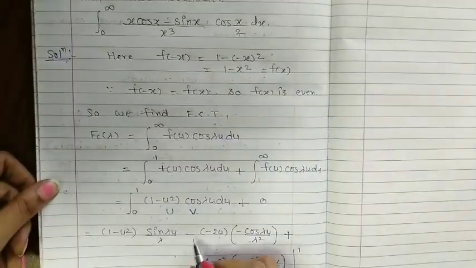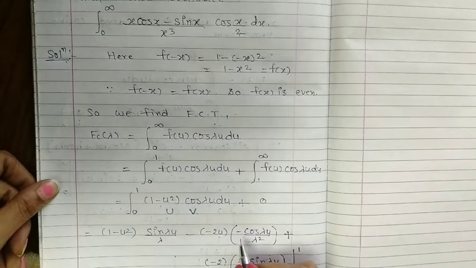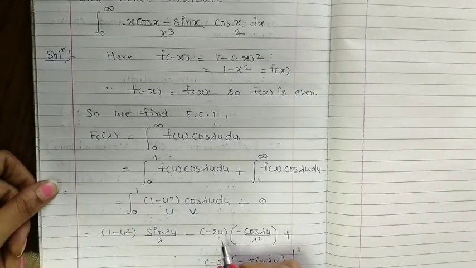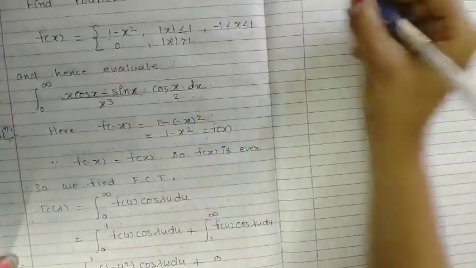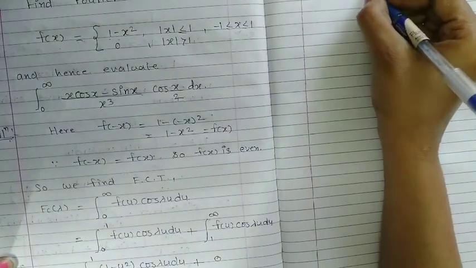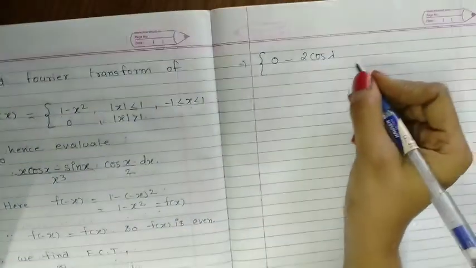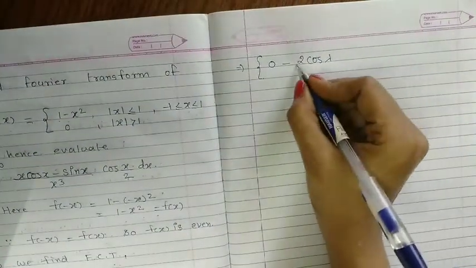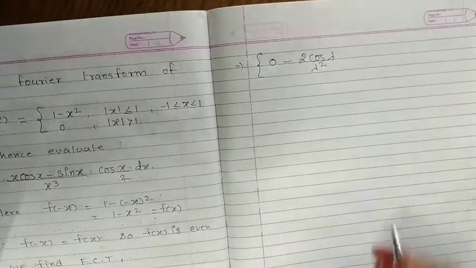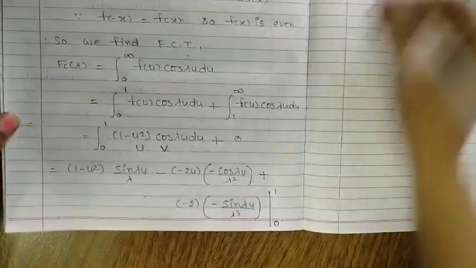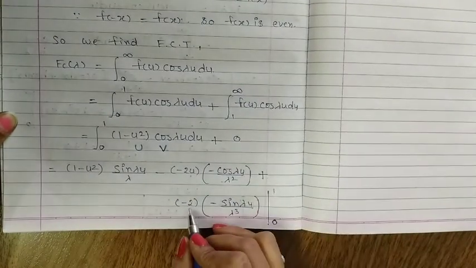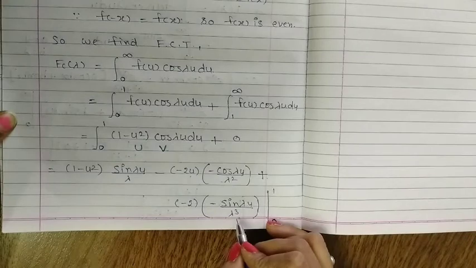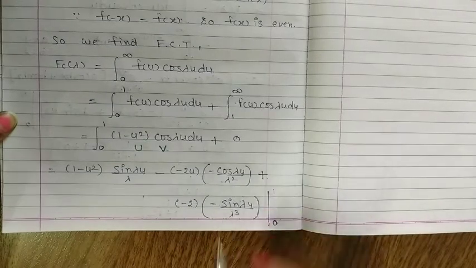Now see, students, minus minus minus will be minus. In place of u I am putting 1. तो minus 2 cos lambda upon lambda square. It will be minus 2 cos lambda upon lambda square, and see students, minus minus will be plus, ये plus 2 sine lambda upon lambda cube, because in place of u I have substituted 1.